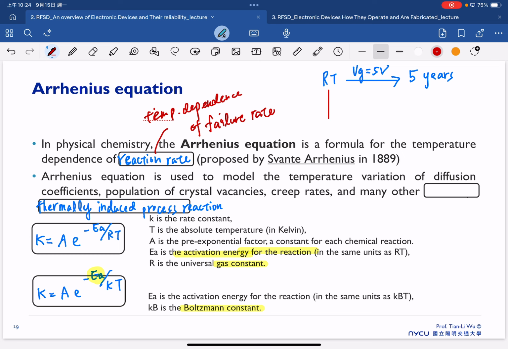If we raise the temperature to 150 Celsius degrees, and then do it again with the same bias condition, then we can highly accelerate this reliability testing process, because now we can see our product show a certain degradation in just 1,000 seconds.